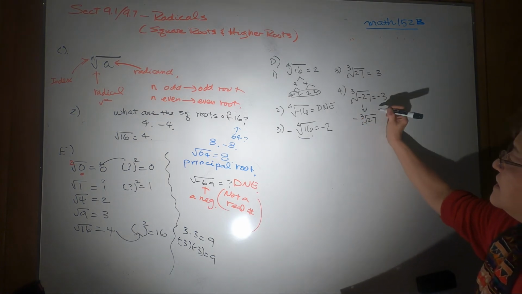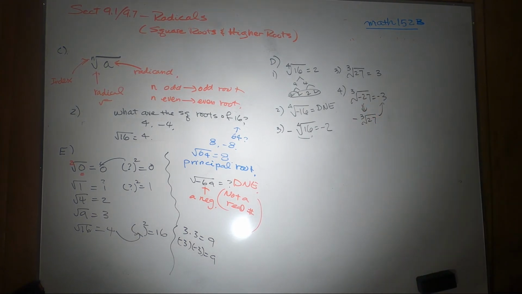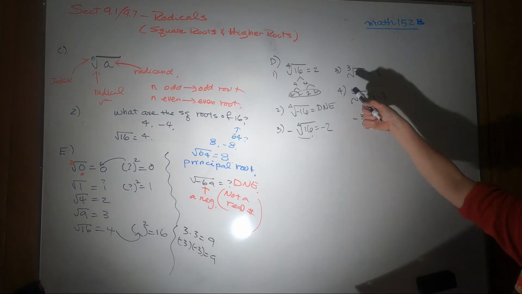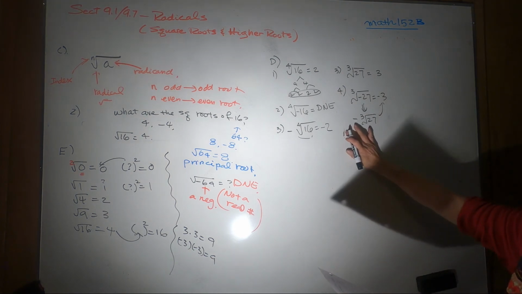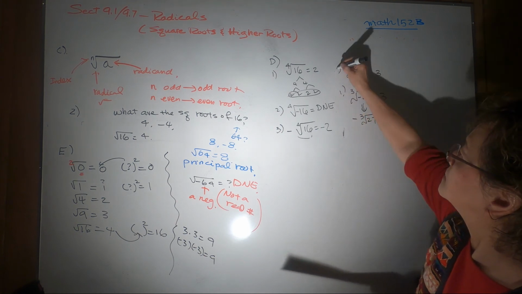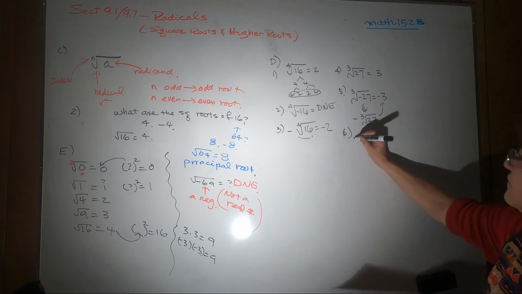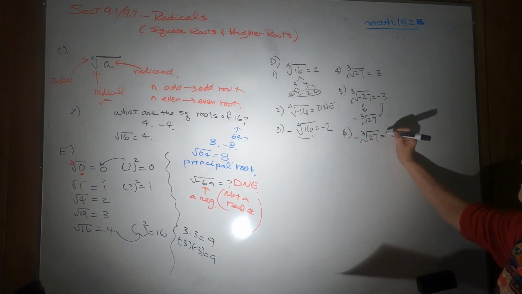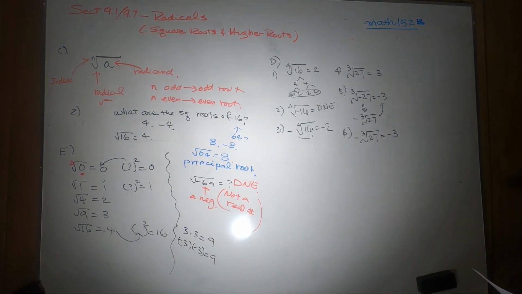If it's a cube or odd root, and it's negative inside, you can take the negative out. Just like that. You will end up with the same thing, right? And if we have negative cube root of 27, that will be negative 3. They are the same, right?